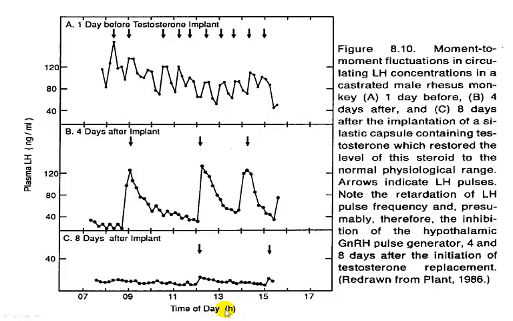Time is our scale. Units are hours. So 7, 8, I guess it's military time: 700, 800, 900, 1100, 1300, 1500, and 1700, right? So noon is right here in the middle. And on the y-axis, we have 3 windows, and each is plasma LH in nanograms per ml.